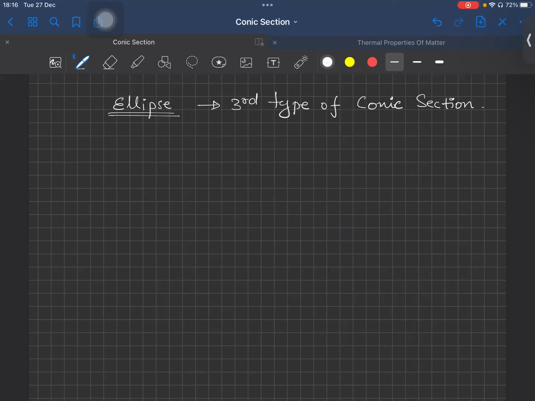See, we have particular definitions, right? For circles, we have a definition that the point P will always trace an equal distance from the center. So this distance is always equal. The locus of point P is such that PC will always remain constant.